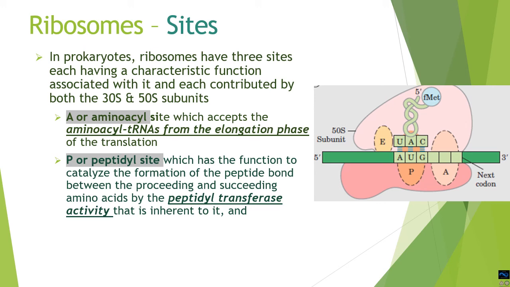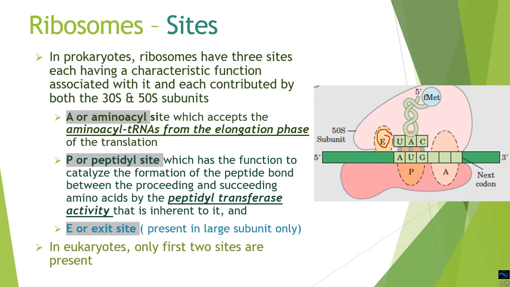This site possesses the peptidyl transferase activity. The last site is called the exit site, where the uncharged tRNAs leave the ribosome during translation. However, this E site is present only in prokaryotic ribosomes. In eukaryotes, only two sites are present, the A site and P site.